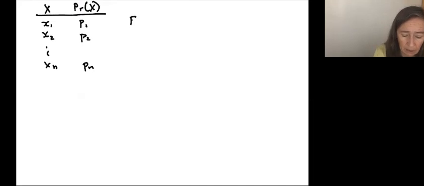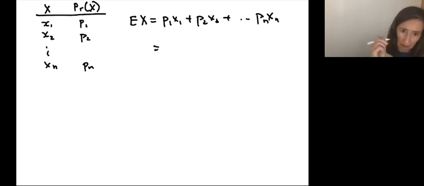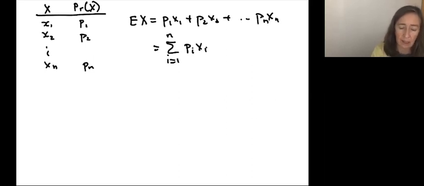Here we calculate the expected value of X: P1 X1 plus P2 X2 plus dot dot dot plus Pn times Xn. And if we want to write that in a more compact form, we would say that is the sum as i goes from 1 to n of Pi Xi.